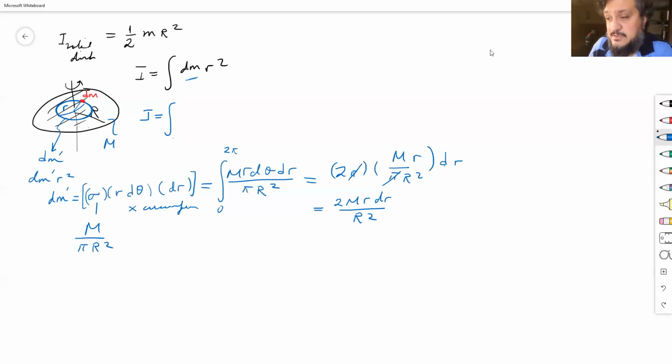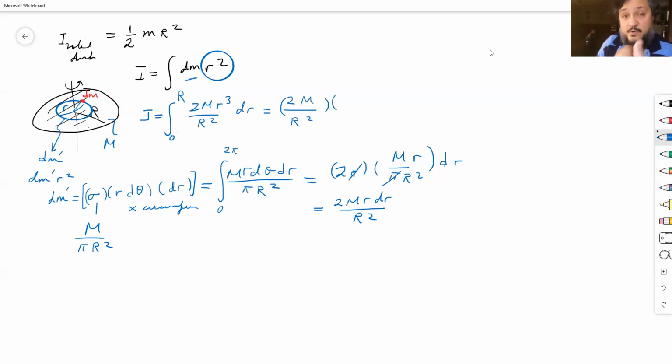So I will integrate over dr right now. 2 M r over R squared times r squared makes this r cubed dr. So now I have 2M over R squared, this is the constant, times r to the 4th over 4, the integral from 0 to R, which makes 1/2 M R squared. All right, that's the disk.